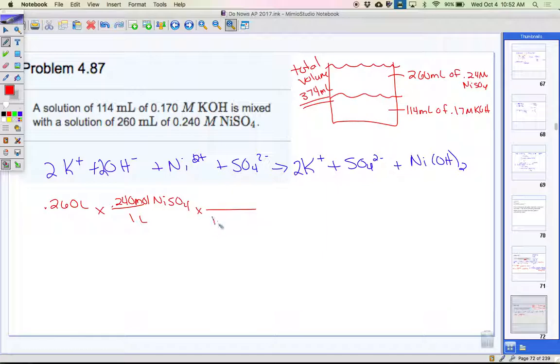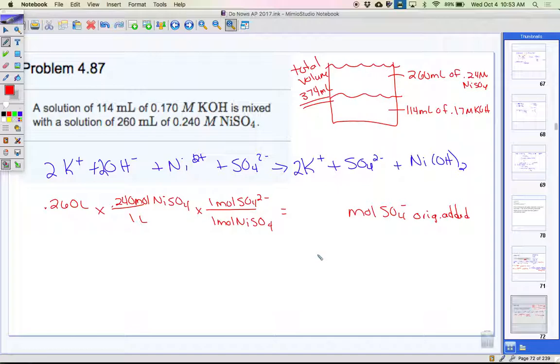And then for every 1 mole of nickel sulfate, I get 1 mole of sulfate ions. Do we agree? This will be how many moles of sulfate were originally added.